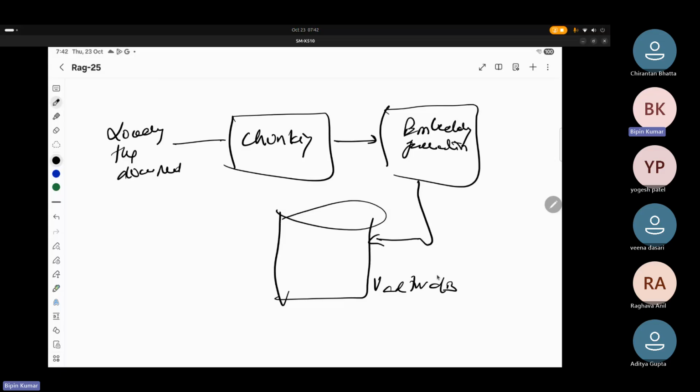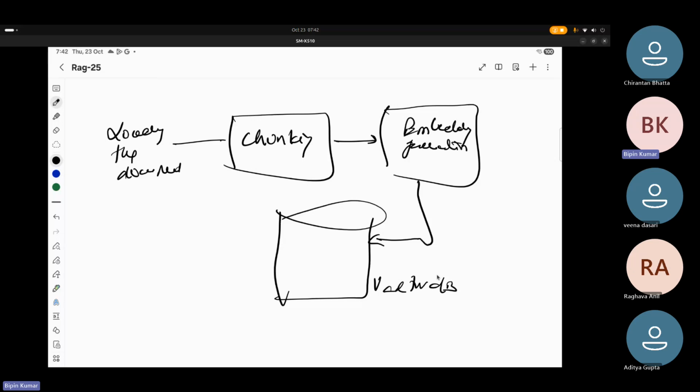Now the next step is, let's say you are creating any RAG system, these steps need to be followed. If you have to create a RAG system, then you have to load the document, do the chunking, generate the embedding, and save into a vector database. Okay. Once you save the embedding in vector database, next you ask some query.